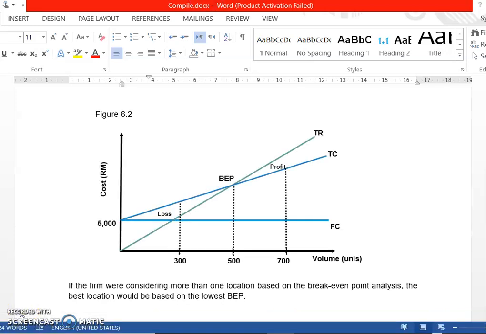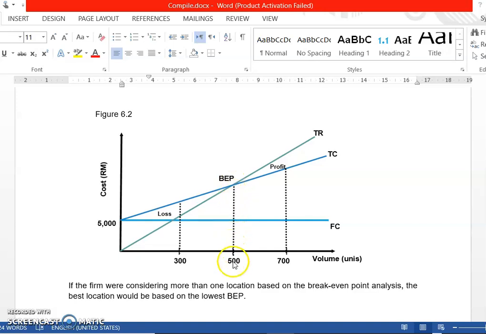Okay, if we translate it into a graph, normally we will not cover this in our test or our quiz. It's just additional information, for a clear picture of how we calculate the break-even point. Based on the case, we have the break-even here, the point where you are not gaining any loss or any profit.